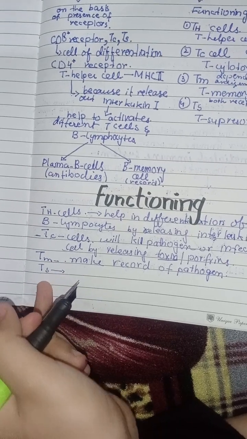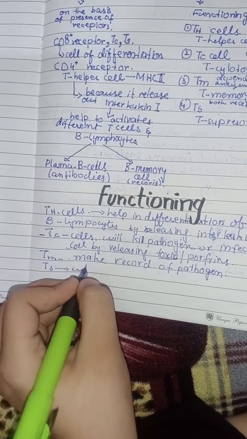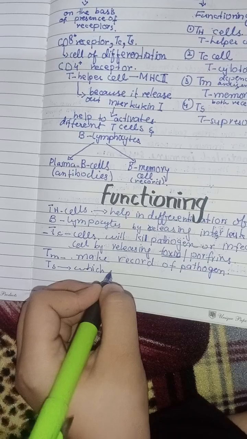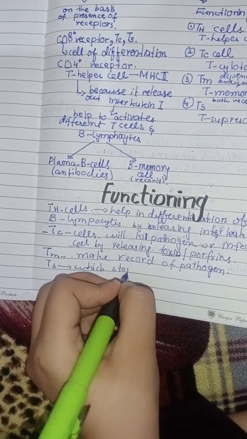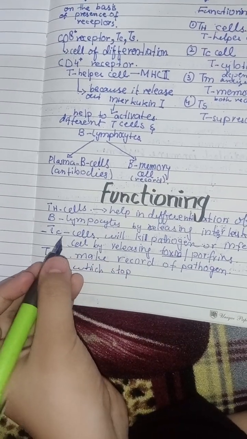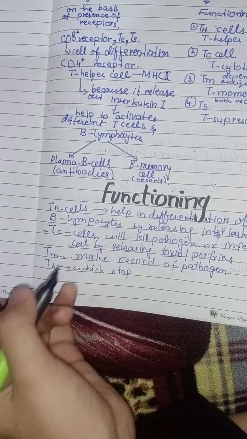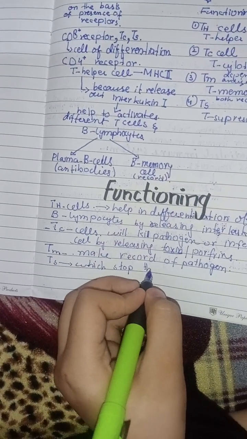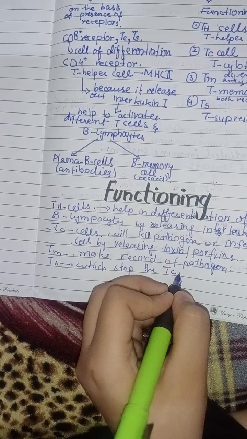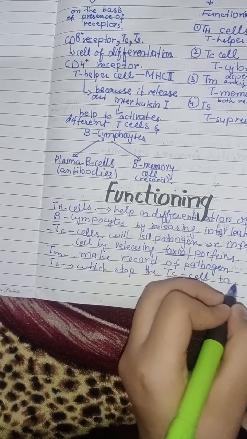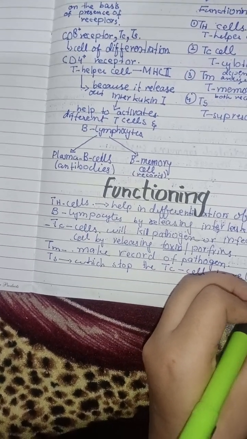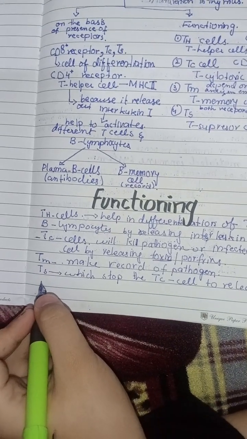So T suppressors give a signal to the T cytotoxic cell to not release more toxin.